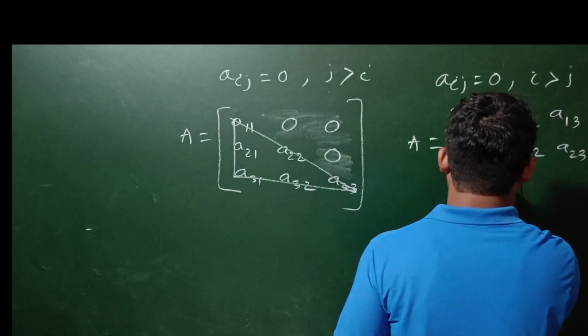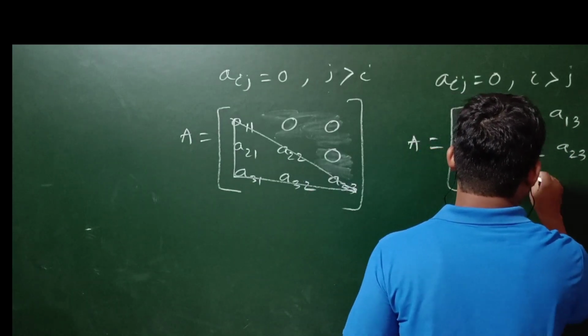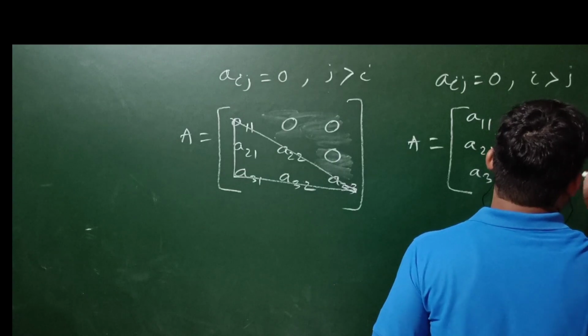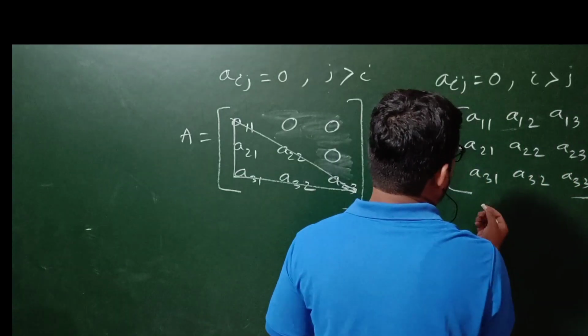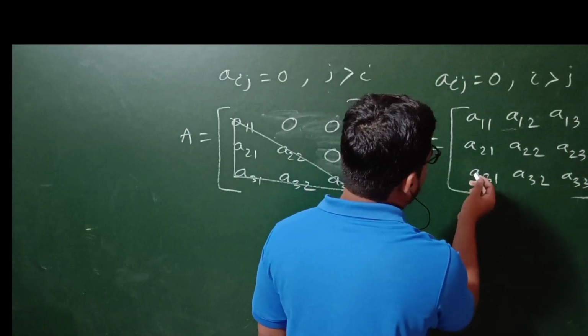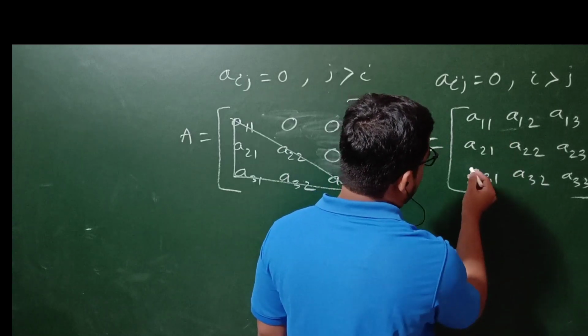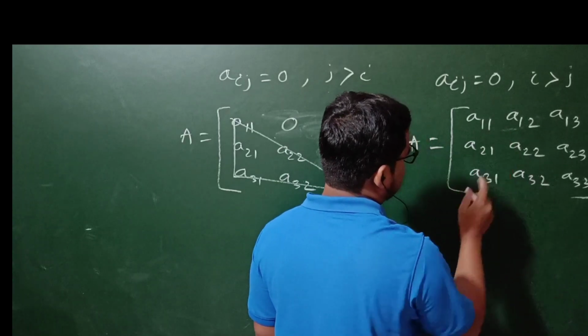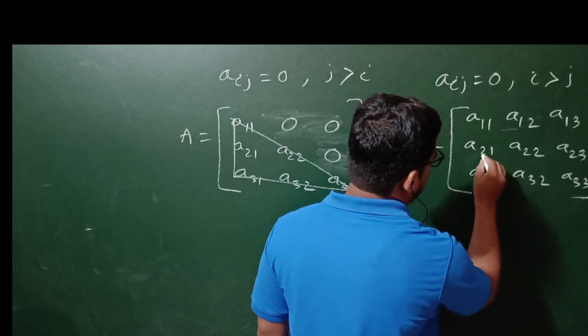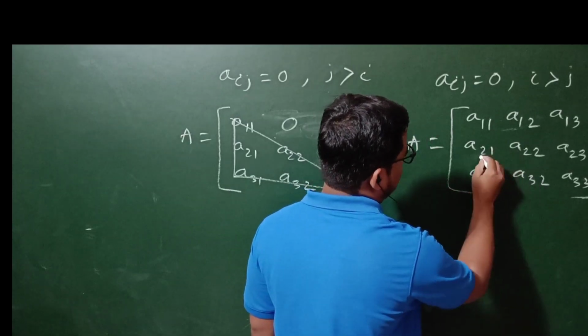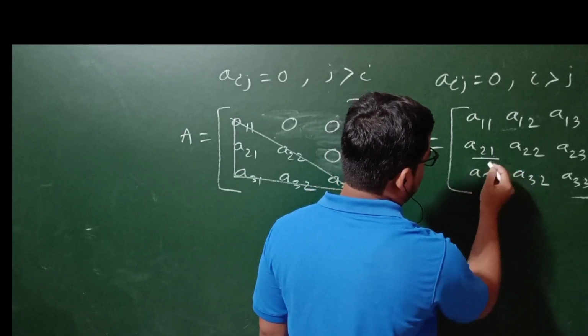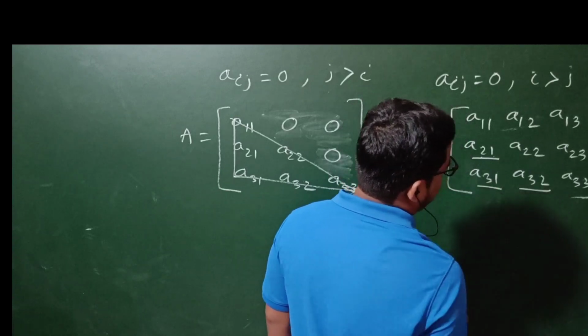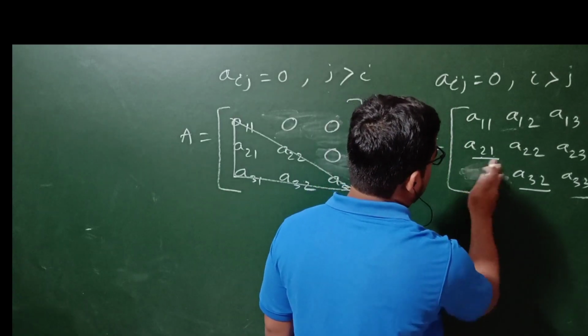A21, A22, A23, A31, A32, A33. Here the row number is greater than the column number. Here i is greater than j.